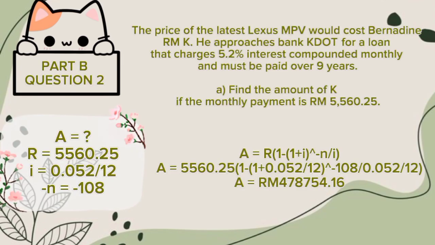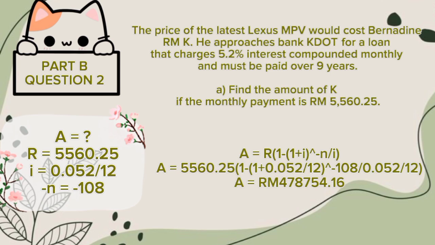For question 2, the price of the latest Lexus MPV will cost Bernardine RM K. He approached the bank for a loan that charged 5.2% interest compounded monthly and must be paid over 9 years. For A, find the amount of K if the monthly payment is RM5,560.25.